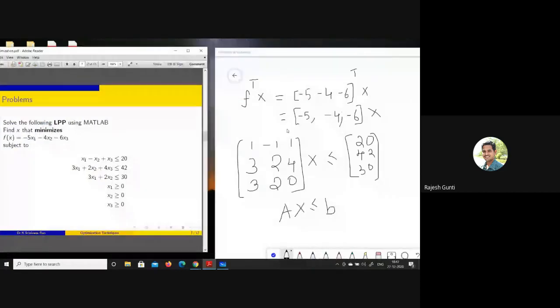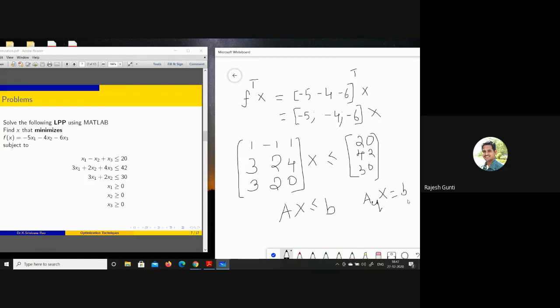This problem contains minimize, Ax is less than or equal to b, with lower bounds. A equalities are not there: A equality of x is equal to b equality, the right hand side.